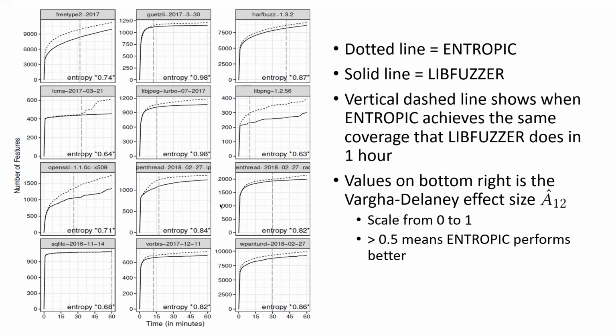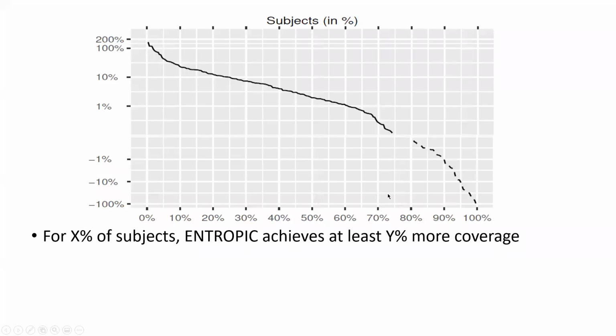Okay, please go on. So for this graph, the x-axis is the percentage of subjects, and the y-axis is how much more coverage Entropic achieves. So why is it supposed to be negative? 200% and minus 100%.